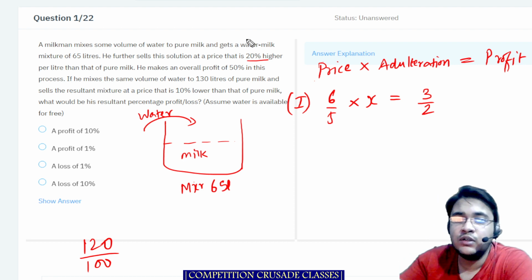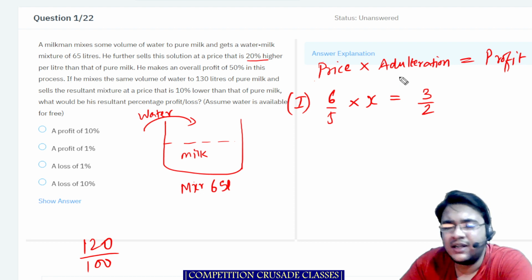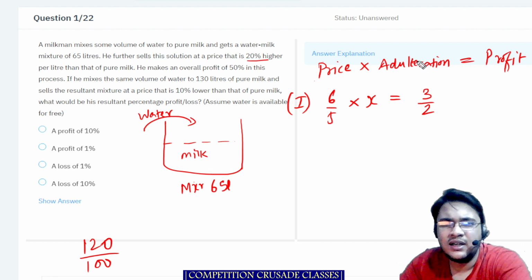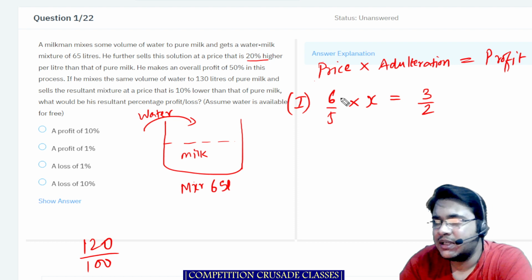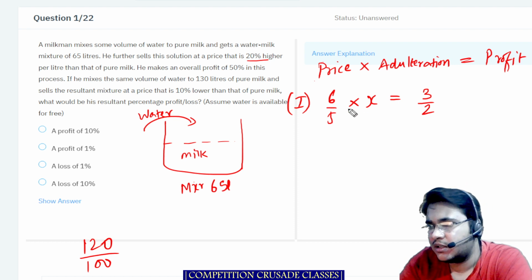He has received an overall profit of 50% because there is a component of adulteration, something I'm just calling adulteration component or adulteration multiplying factor, whatever you like to call it, but there is some sort of an X in this picture.